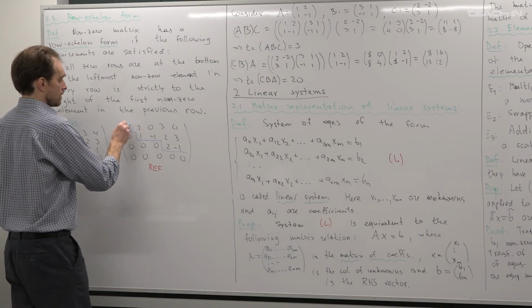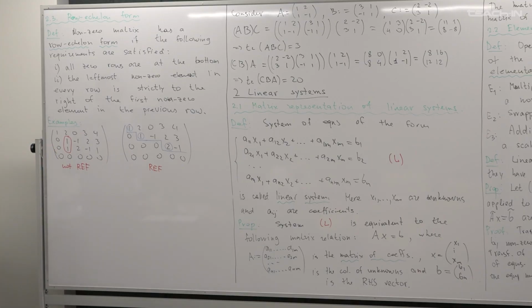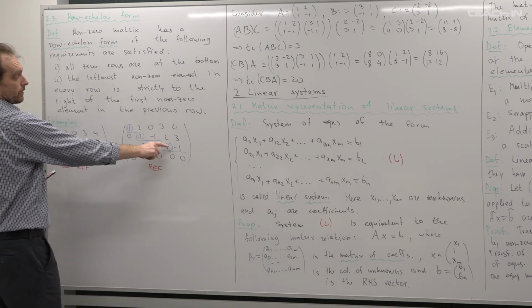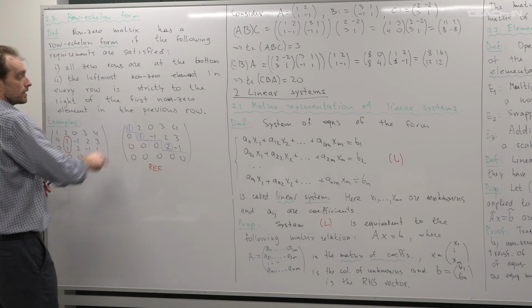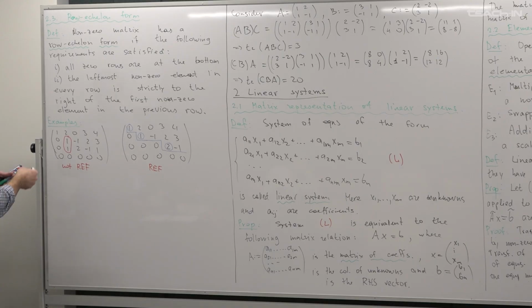So these are the first non-zero elements in every row, and we see that in each row this first non-zero element is strictly to the right of the first non-zero element of the previous row. So this is row echelon form.